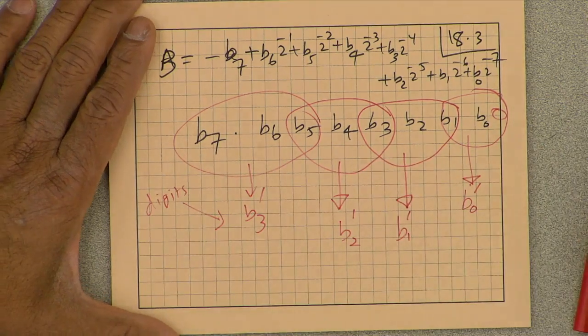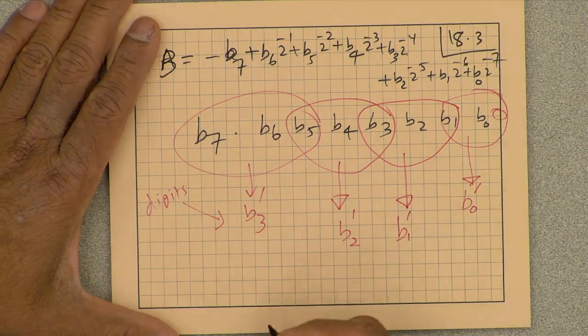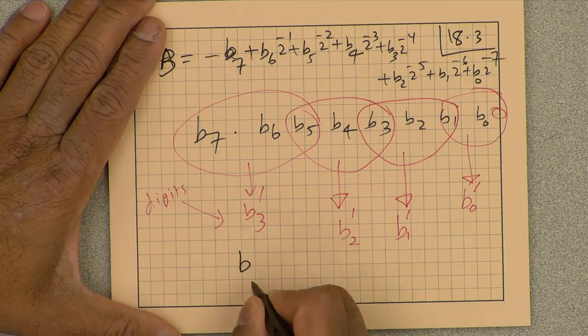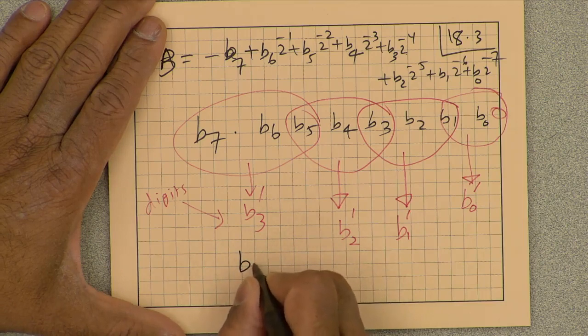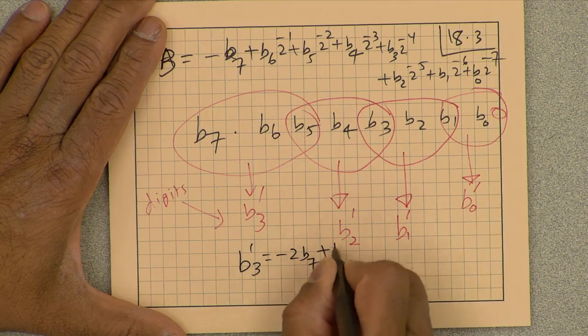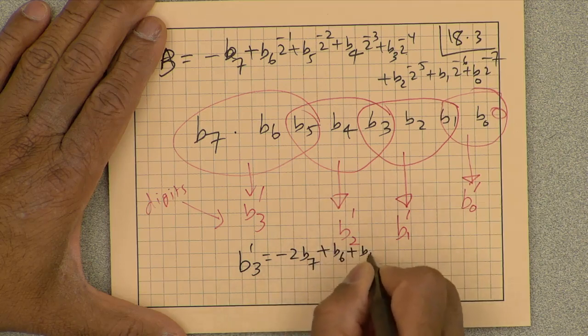Now how does it encode? The process of encoding works like this. B3 prime is equal to minus 2 B7 plus B6 plus B5.